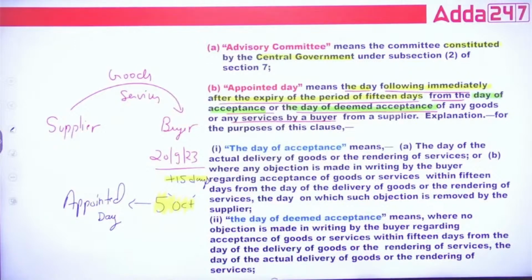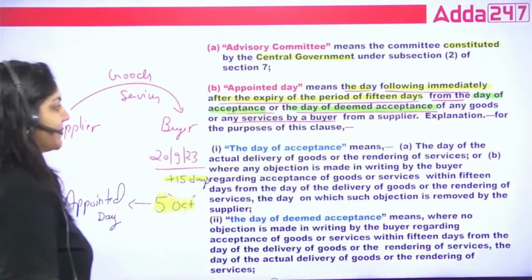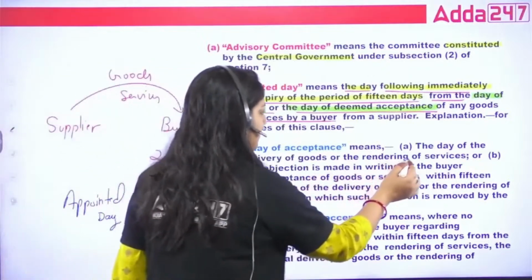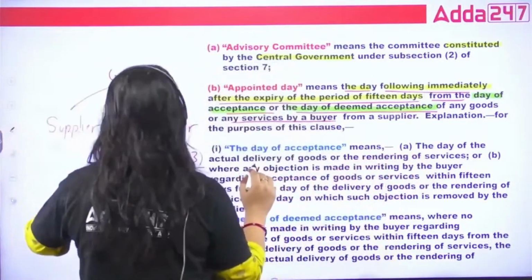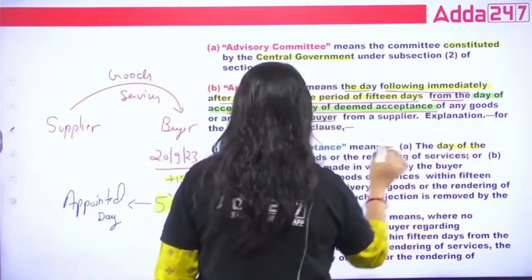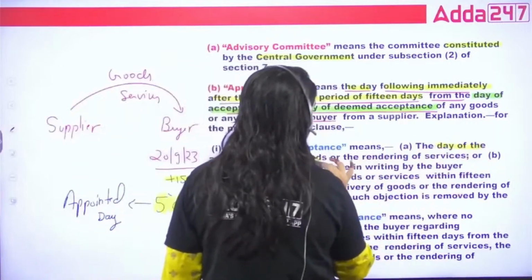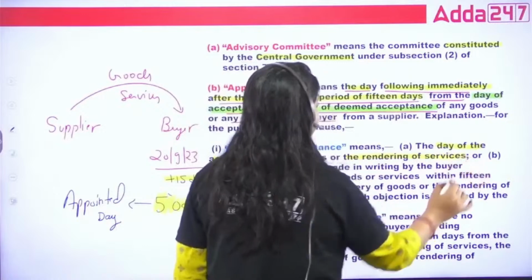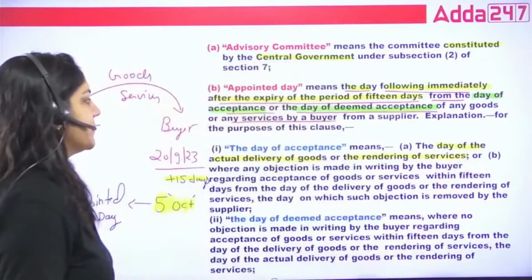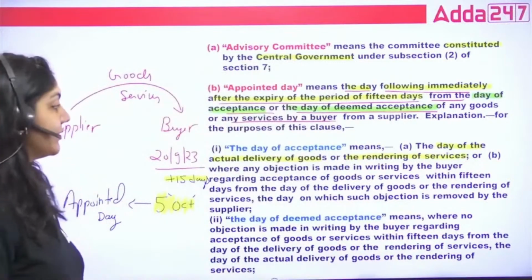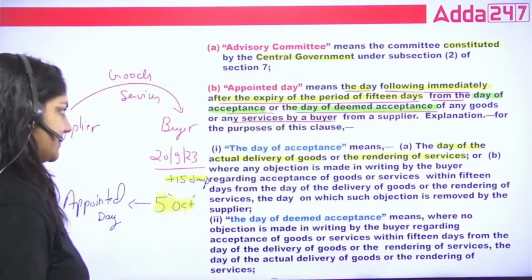Done? So the day of acceptance is basically the day of actual delivery of goods and rendering of the services. See, the day of actual delivery of goods and rendering the services.